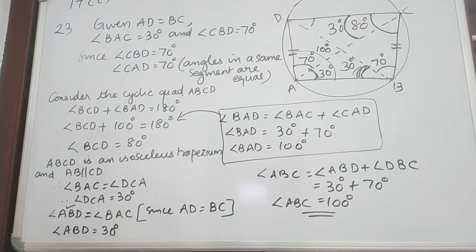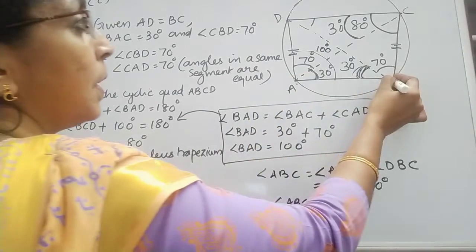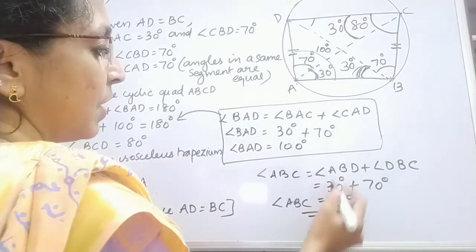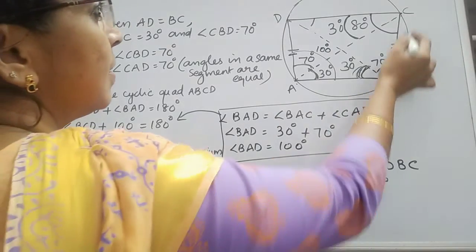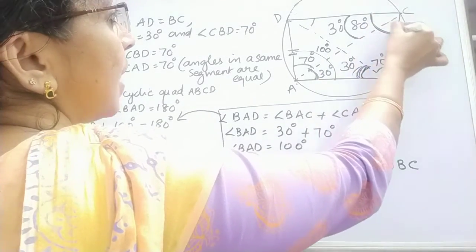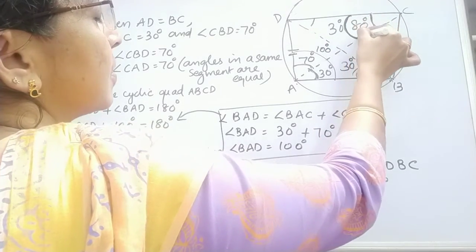So we want to find out ABC. ABC is the sum of 30 and 70. ABC is equal to 100 degree. So ABC is equal to 100 degree is our third part. Second part is BCA. How can we find BCA? BCD total is 80 degree, up to this is 30 degree.